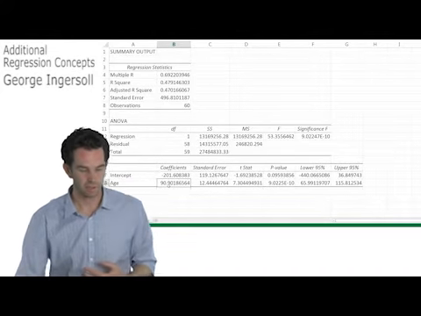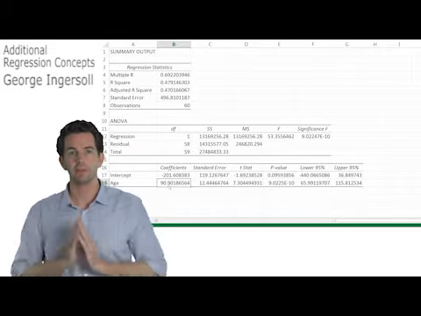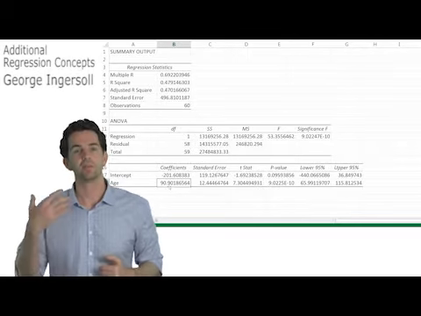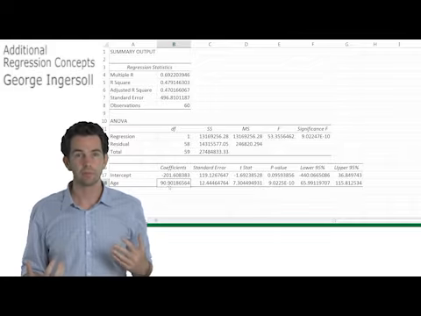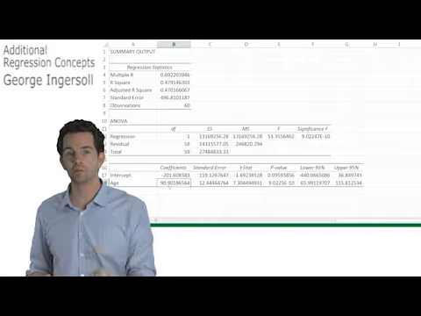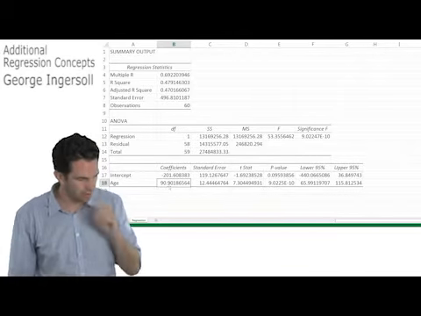So, if this is a positive number, we expect the dependent variable to go up. If it's a negative coefficient, we expect the dependent variable to go down. And we expect it to go up or down by this amount for every single unit increase in the independent variable. Okay, just wanted to recap on that really quickly.